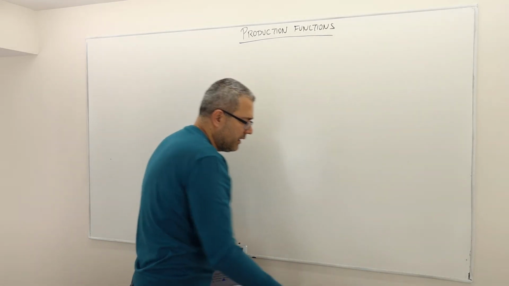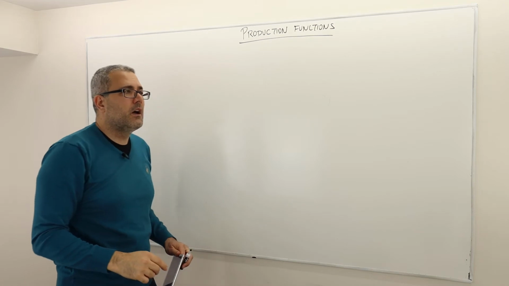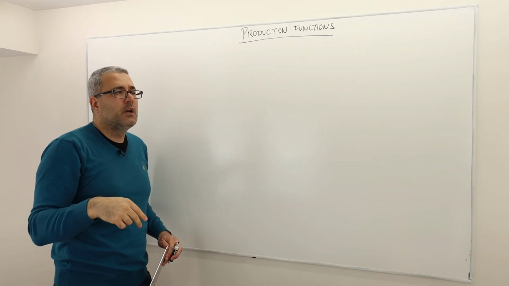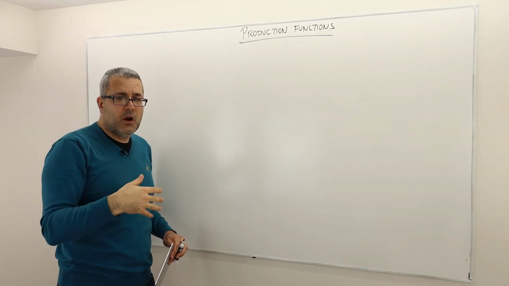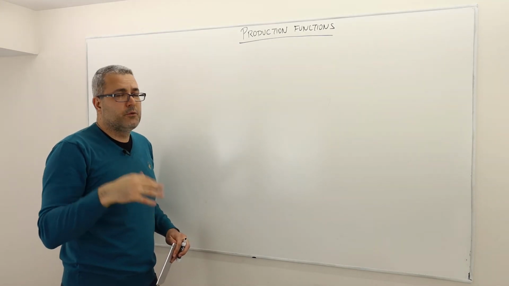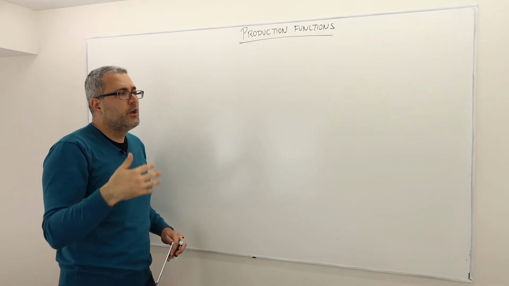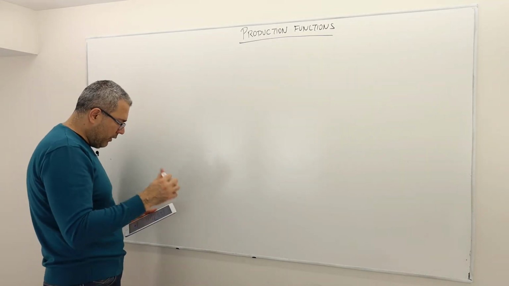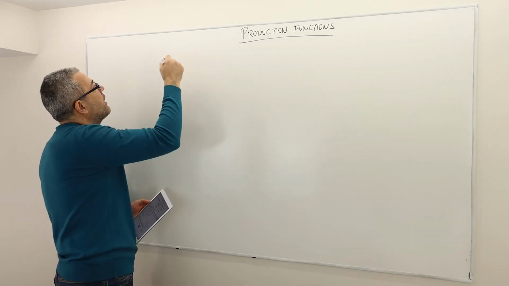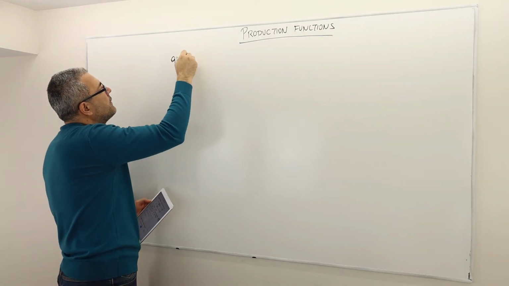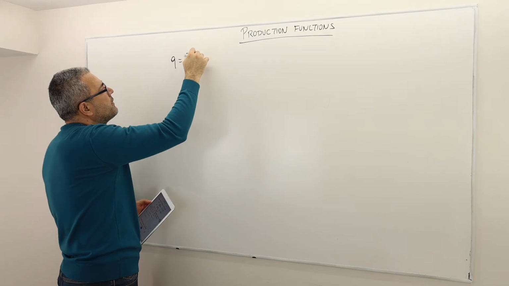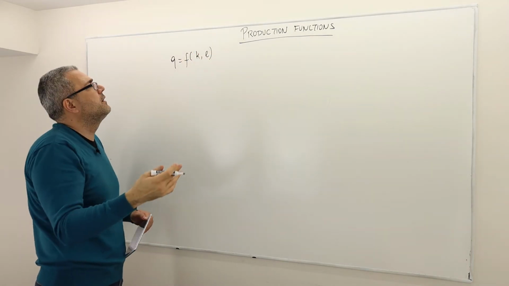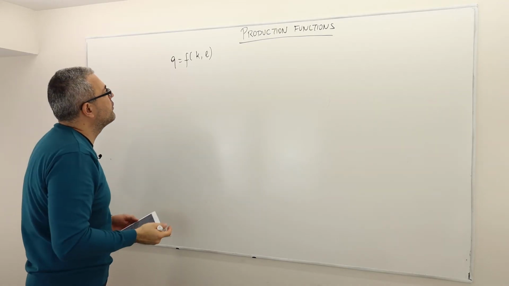Because you'll see later when we solve the optimization problem for the producer, which is about minimizing the cost to produce a certain level of output, you need a level curve for the production function. So I'm going to talk about a simpler case where the production function is a function of two inputs, capital and labor, but the idea can easily be extended to more than two inputs.